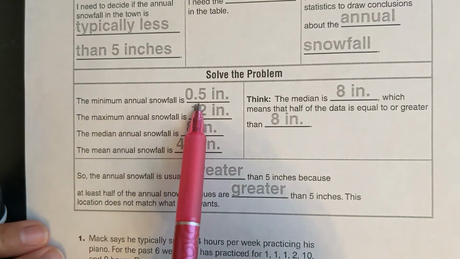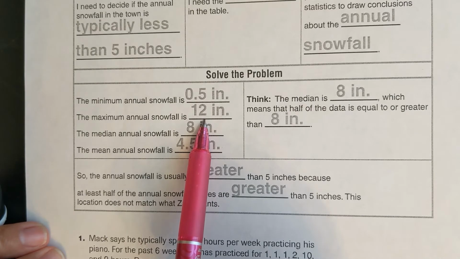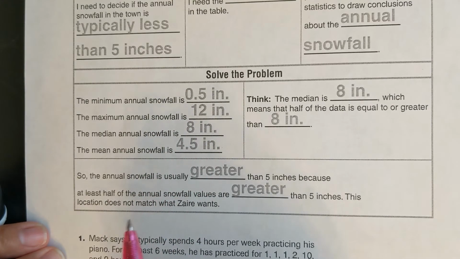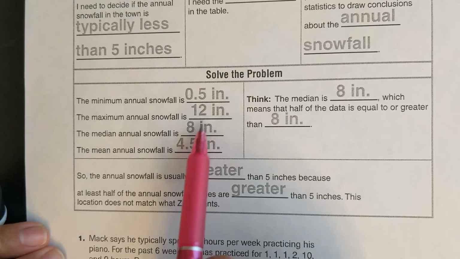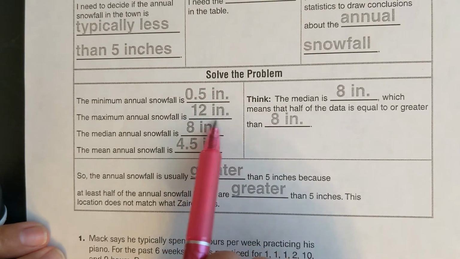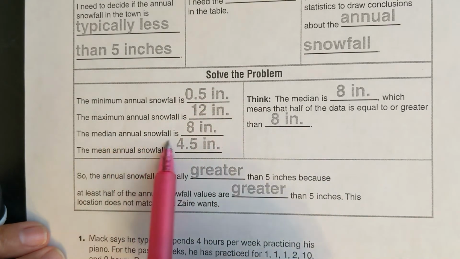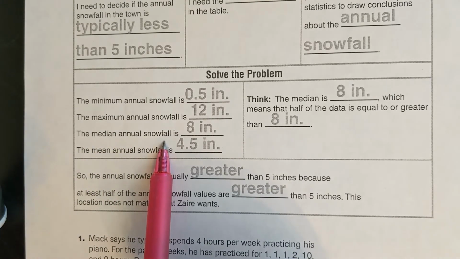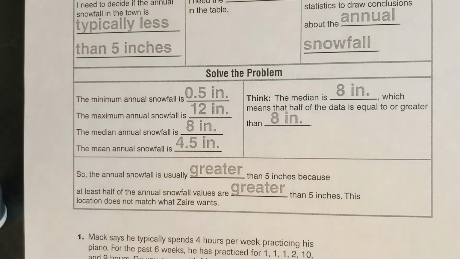So the minimum is 0.5. The maximum, 12 inches. Okay, so if you remember, Zara wants a place that is no more than 5 inches, but this has times where it goes up to 12 inches. The median, remember, is a middle value. If you were to put all the data points for the year in a line, 8 is right there in the middle.